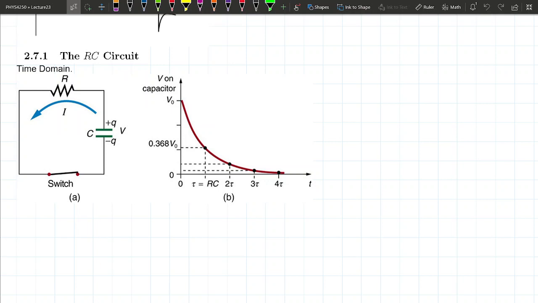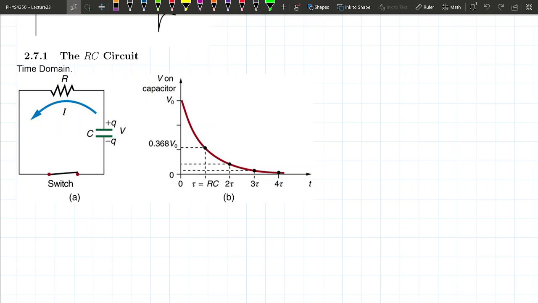What I'm going to do is a couple of analyses on AC circuits. Most of these came from your general physics class, but just to remind everyone, so we're all on the same page, how resistors, capacitors, and inductors behave when you drive them with an alternating current source.